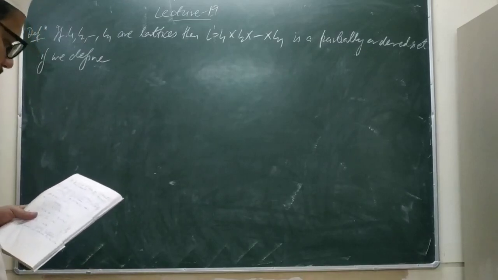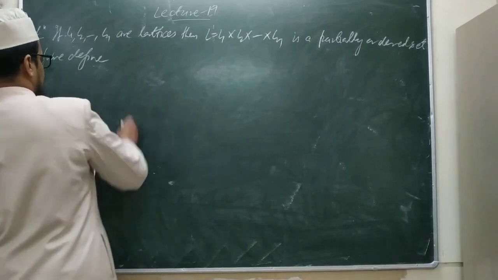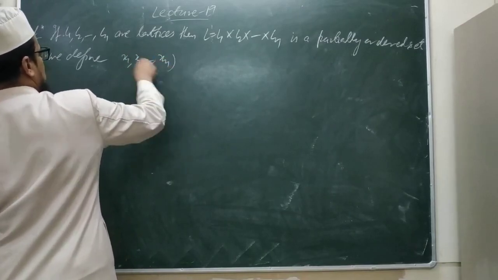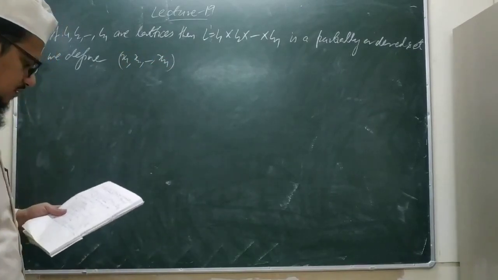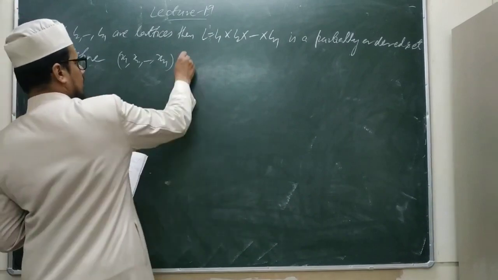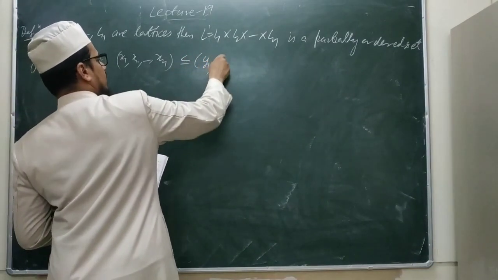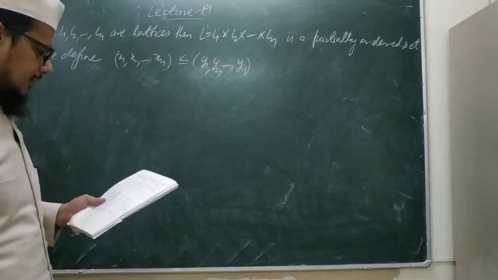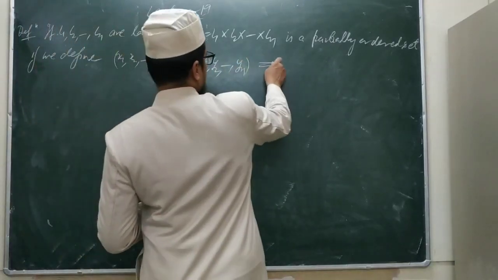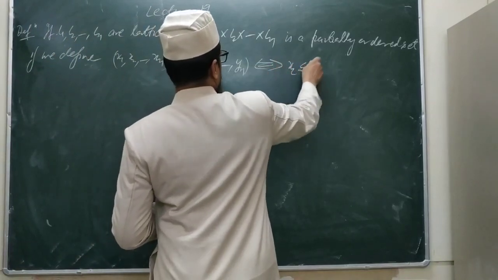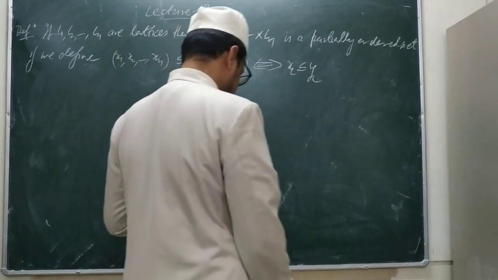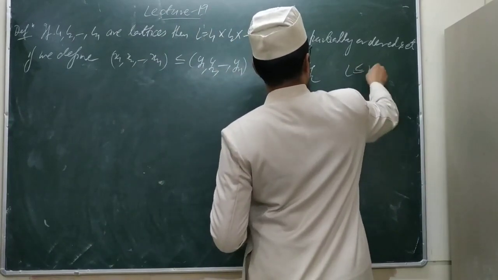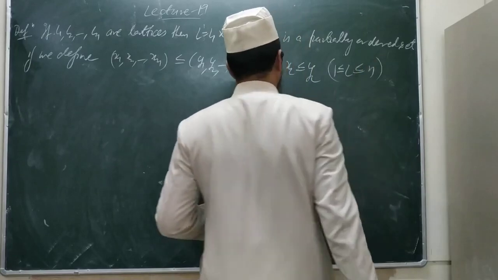If we define (x1, x2, ..., xn) less than or equal to (y1, y2, ..., yn) implies xi less than or equal to yi, where i runs from 1 to n.